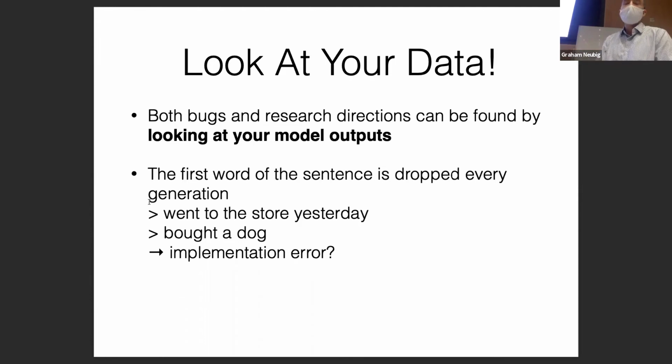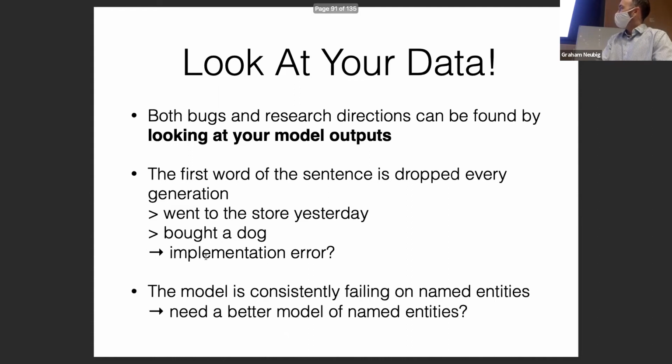This is very hard to tell if you just look at BLEU score because your BLEU is a little bit too low. You don't actually have a good idea why that would be. It's not egregious. It's not so bad that you're absolutely certain that you have a bug. But if you look at your outputs, you very quickly realize that you don't have a capital letter at the beginning of your sentence. You don't have a subject at the beginning of your sentence. And then that could lead you to the place where the error happens.